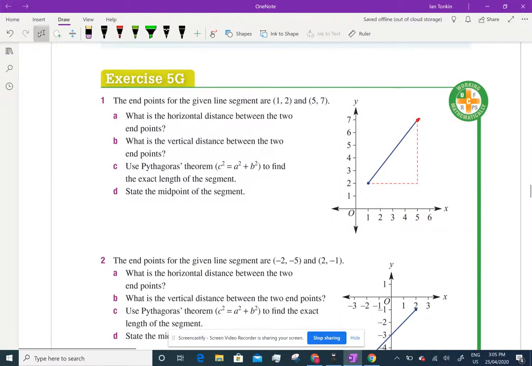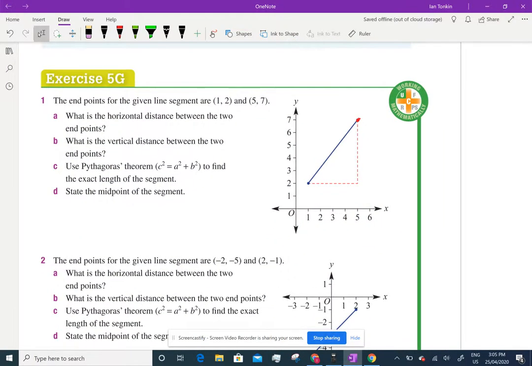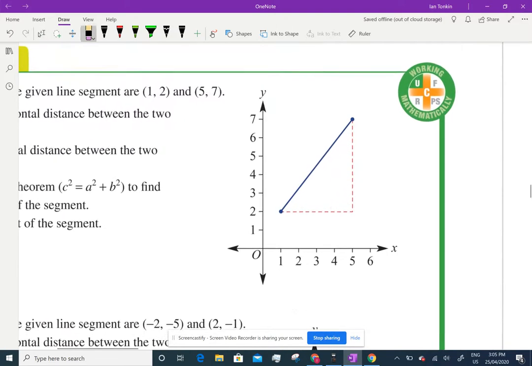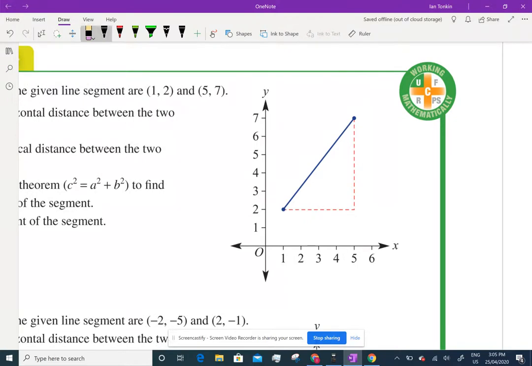So I'm going to use question 1 to explain this. So let's have a go at it. Here I have a diagram, and I have a set of two points. This one here is the coordinate (1, 2): the x value is 1, and the y value is 2.